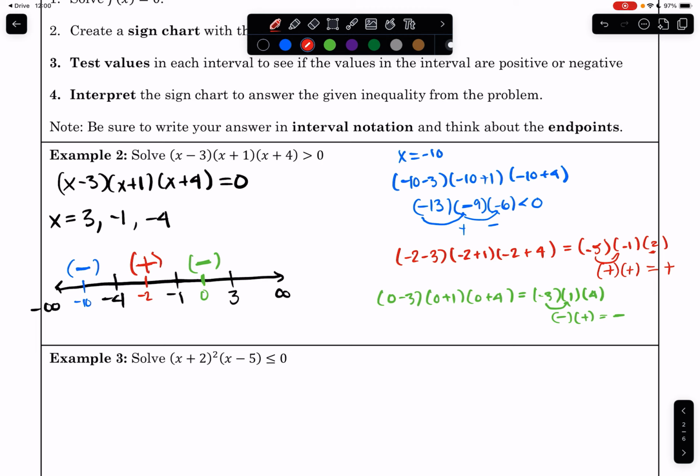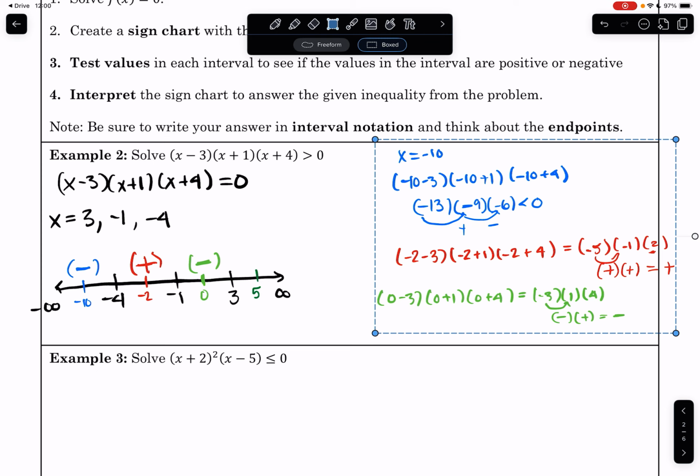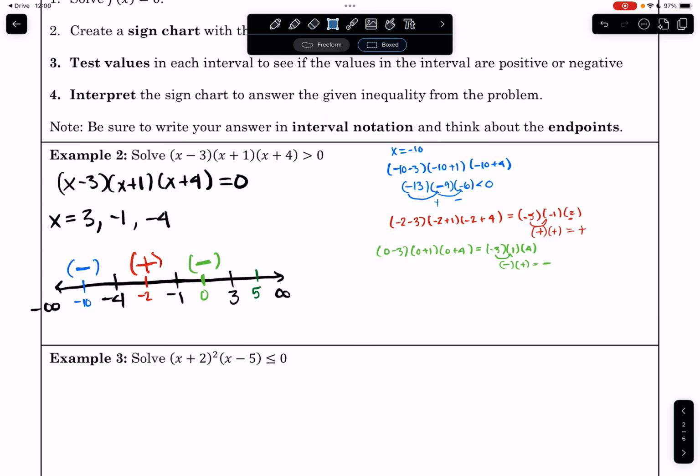And finally, for the last one, I'm going to pick any number that's greater than 3. I'm going to pick the number 5. Okay, and I'm now going to plug in that value of 5. I'm out of space here, so I'm going to just make this smaller.